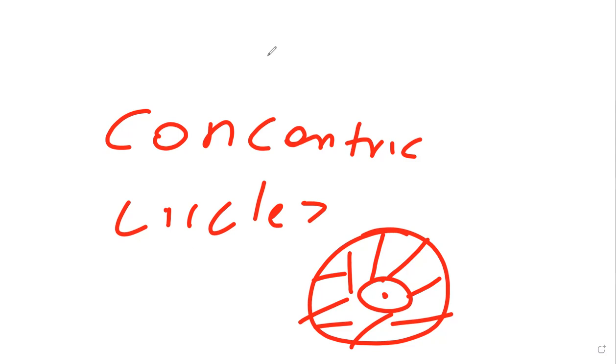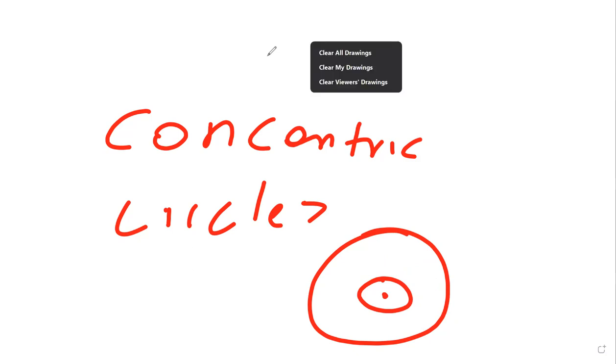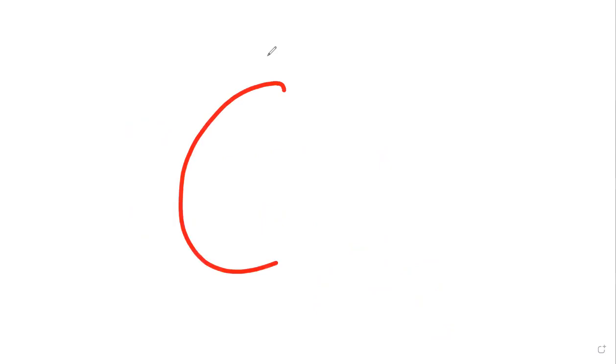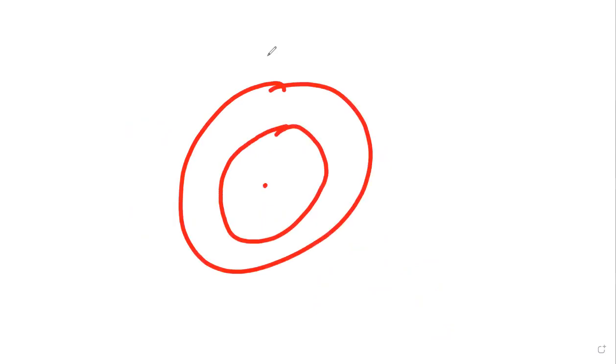So let's give this concentric circle a few dimensions. If I have a big circle, then I have a smaller circle, and I have my center right here.